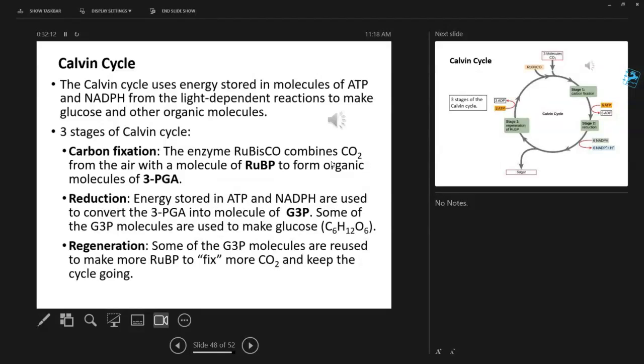But in both cases, reduction is gaining electrons. Seems backwards. It seems like reduction would be losing something, but in chemistry, it means gaining. There's a reason for that, but I don't remember why it's called that.